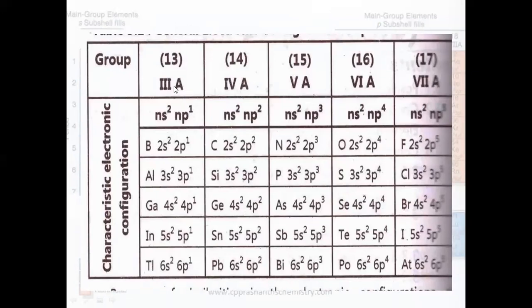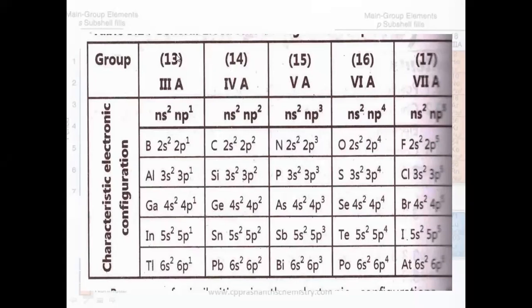That means this is the group valency. Third A group, the group valence is 3. Fourth A group, 4. Fifth A, 5. Sixth A, 6, that is 4 plus 2. And seventh A, 7. So these are the electronic configurations of all these elements down the group.